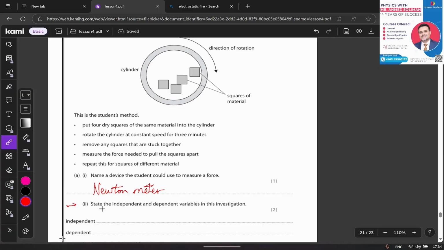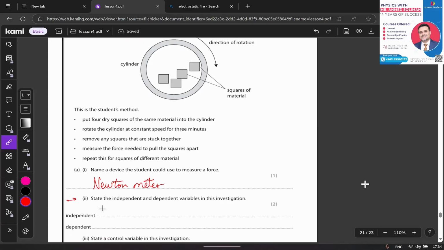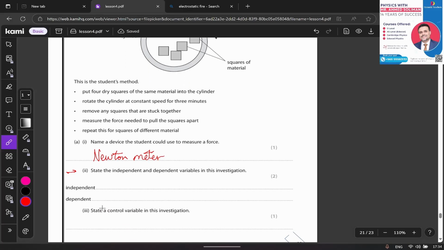State the independent and dependent variables in this investigation. The type of material, independent.